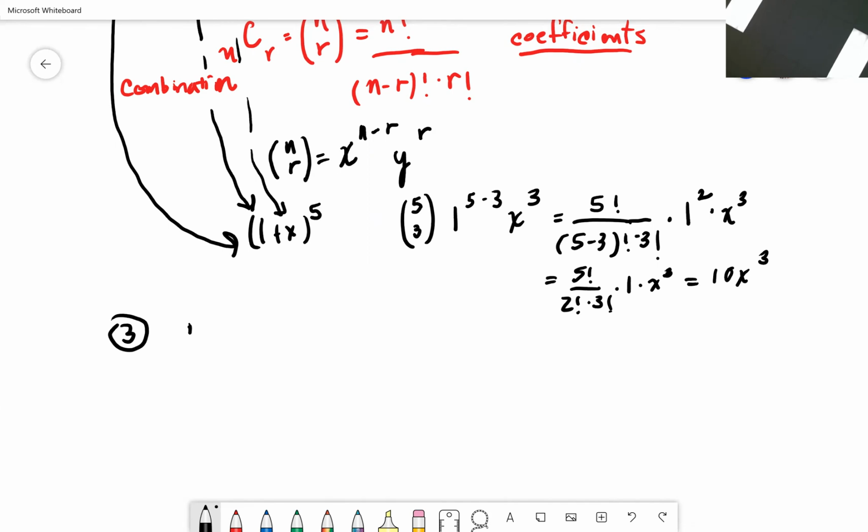So the coefficient of x to the 5th. In this case, let's put b is 3 minus x to the 8th.